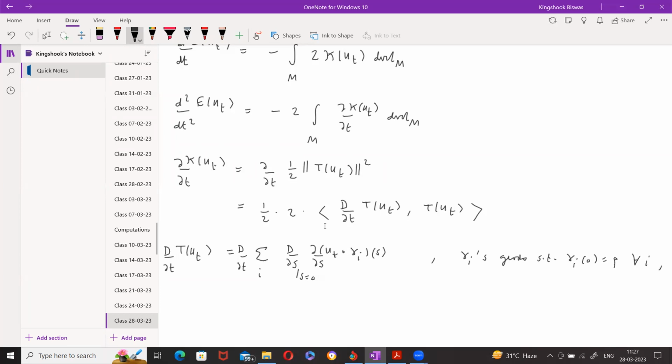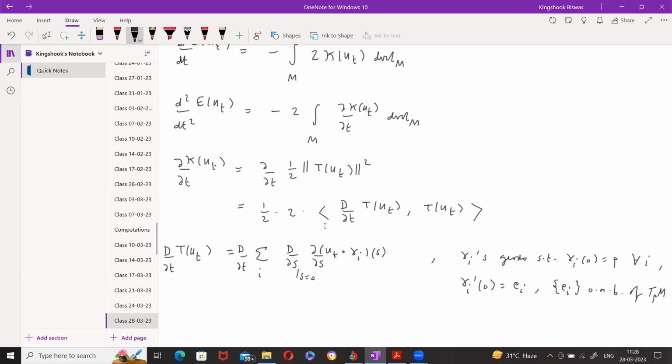So these are geodesics passing through a point P, and gamma_i'(0) is e_i, where e_i is an orthonormal basis of T_pM.